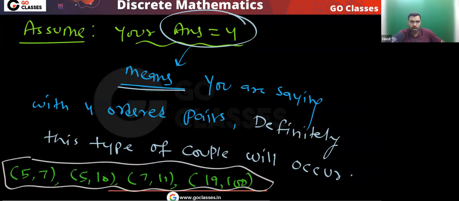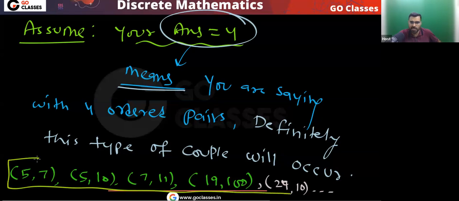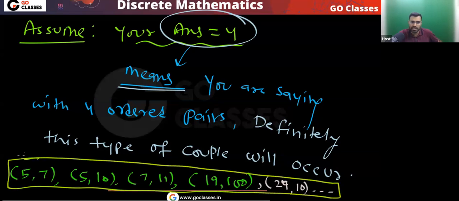You can see, like this, I can keep giving you, for example, 29,10. Like this, I can keep giving you, and you will never get this type of couple. So can you guarantee this type of couple? So you can see there is no couple.